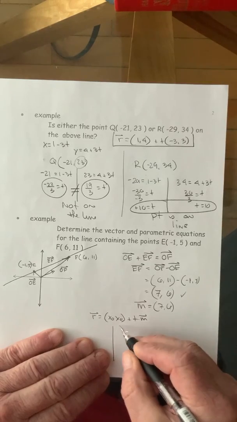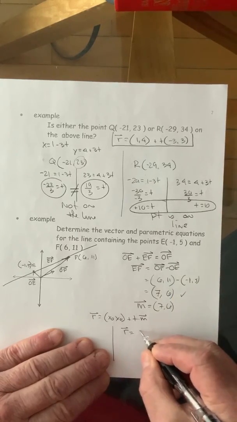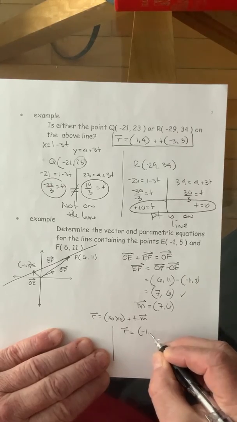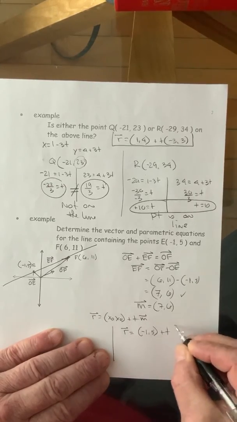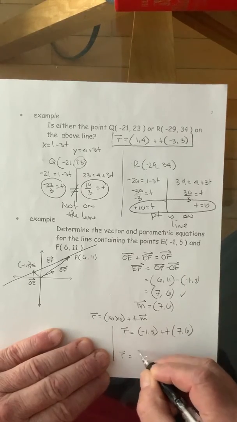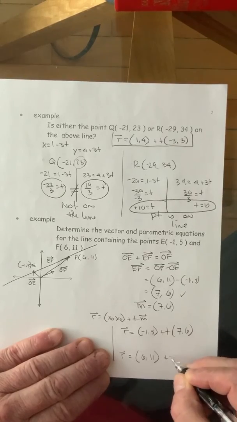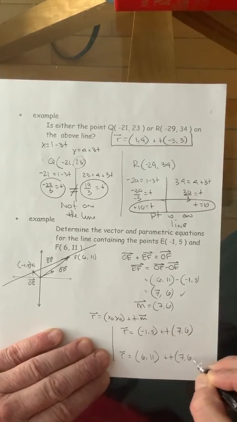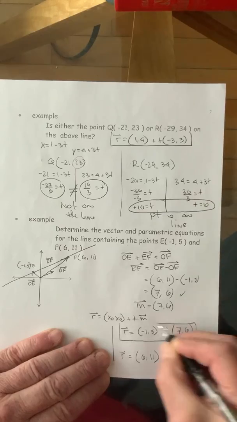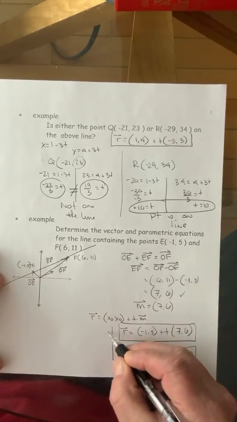Well, as it is, I have 2 points. I can use either one. So I'm going to get negative 1, 5 plus t, 7, 6. Or I could have just as easily used the other one. I could have responded with either one of these 2 vector equations.